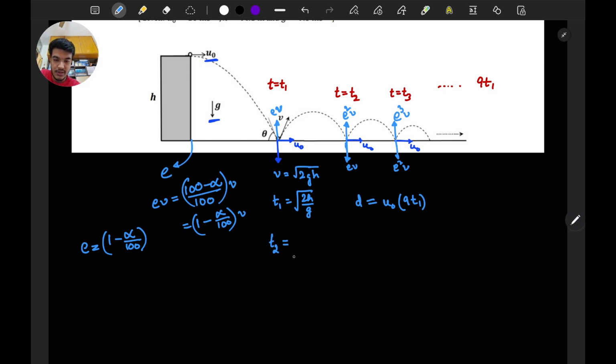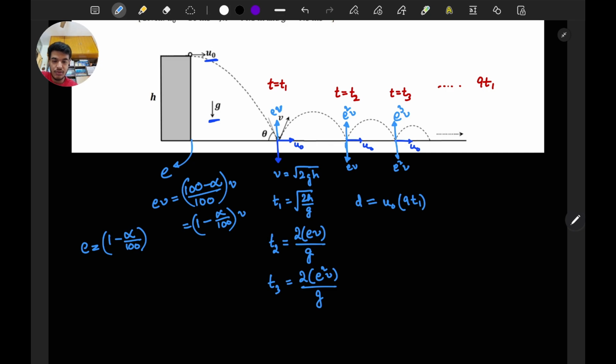t2 is nothing but the total time period for this second motion. The total time for this motion would be nothing but 2 into ev by g. Am I right? It will be 2 into ev by g. And t3 would be similarly 2 into e square v by g.